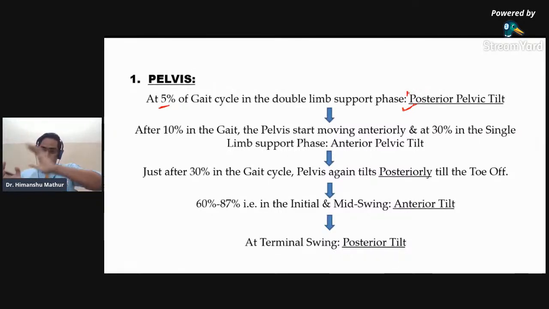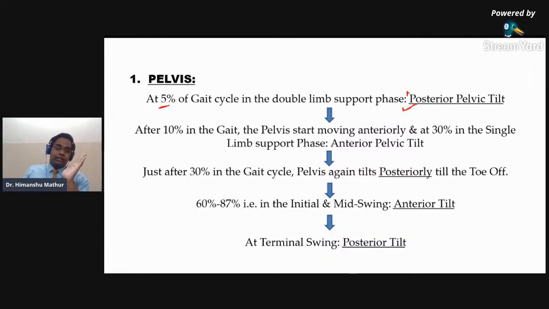As soon as I placed the foot, my pelvis went on posteriorly. Okay, it tilted posteriorly. Then when I went to foot flat, after 10% in the gait cycle, pelvis starts to move in anteriorly. And at 30% of the gait cycle, that is mid stance or the single limb support phase, there is a significant anterior tilt in the pelvis.